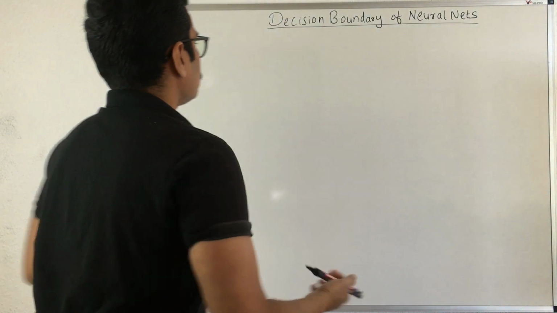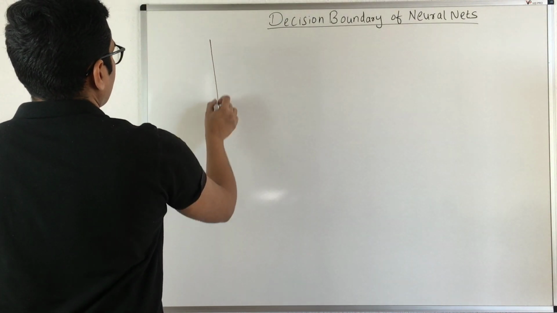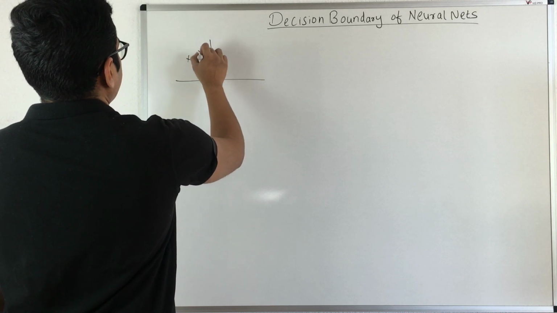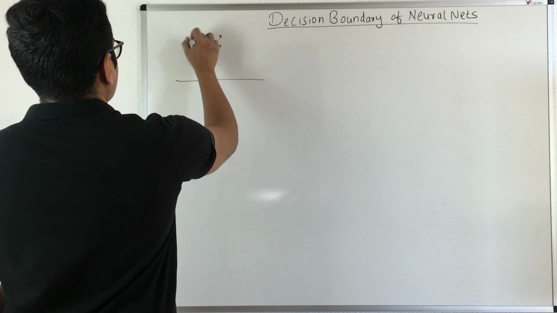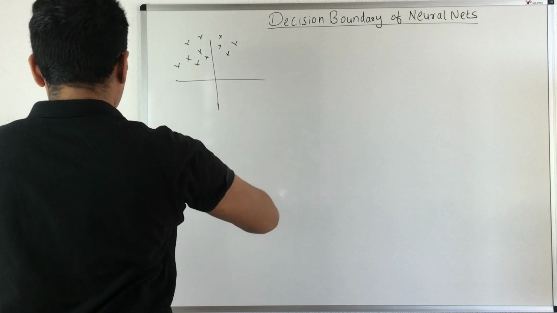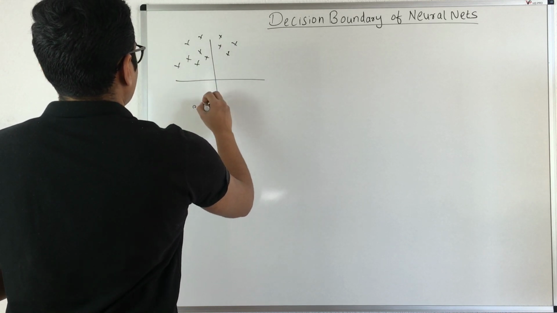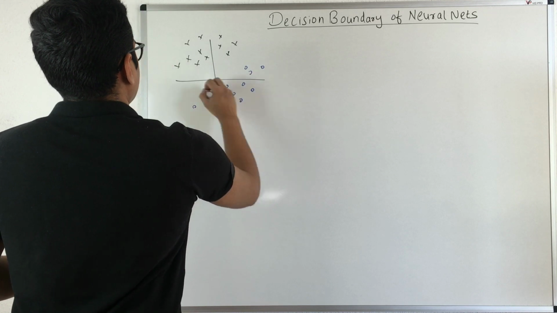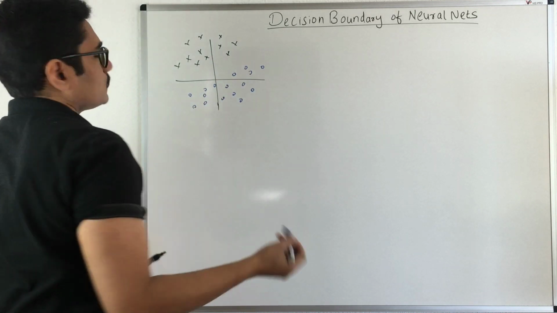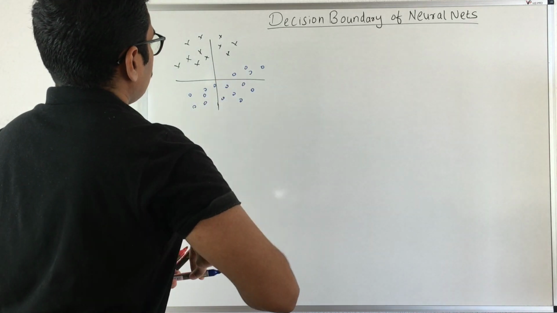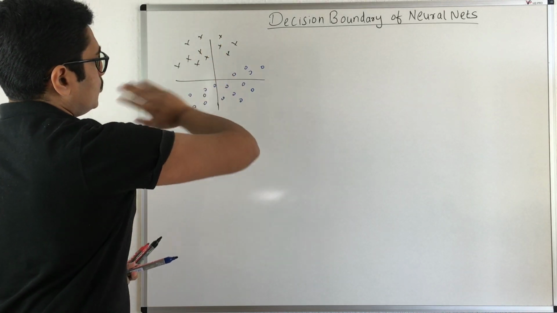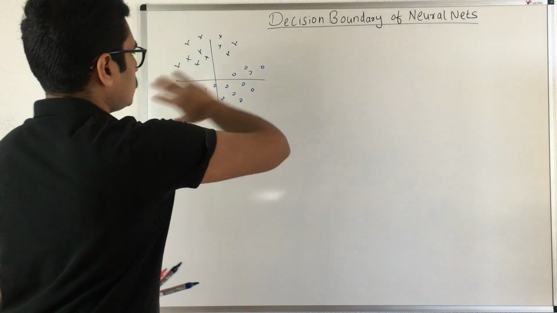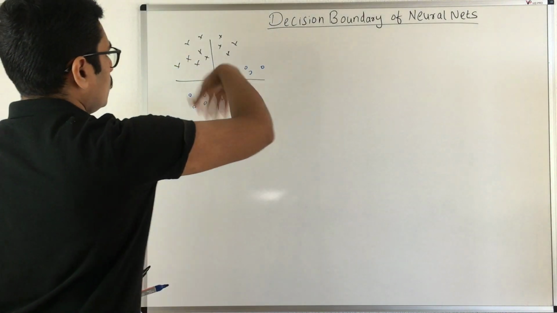So say, for example, I have these axes, and say I have some instances like this, and I have some more instances like this. That is, this is a two-class problem. So now what you can see is that the distribution of the data is homoscedastic, meaning it is uniform across the two separations.